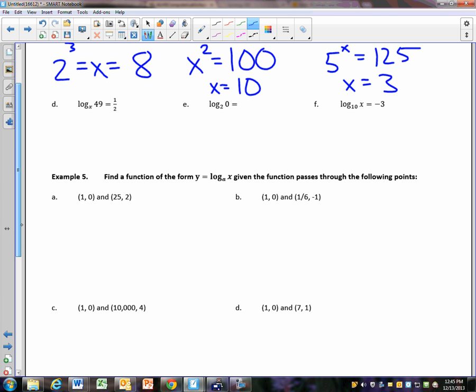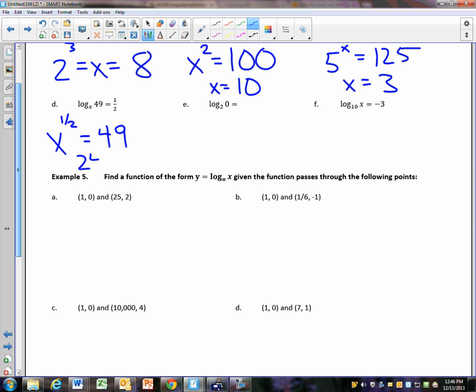When you just look at D, what do you think the answer might be right away? Yeah, I think 7 right away, but it's not absolutely correct, because if you write it out, you get x to the 1/2 power is equal to 49. So it's not asking the square root of 49, it's saying what number do you take the square root of to get 49. You would have to square both sides, wouldn't you?